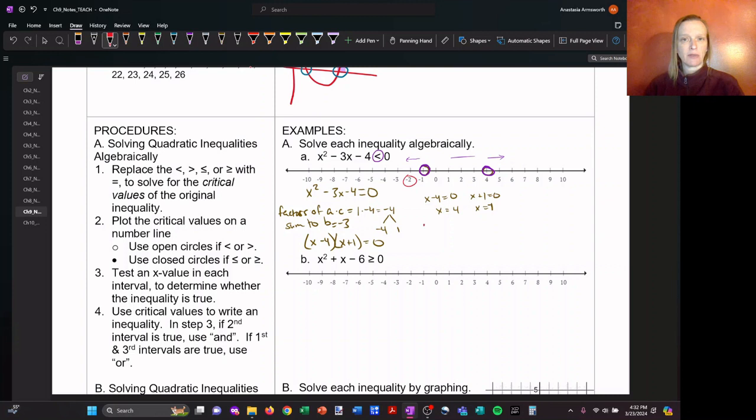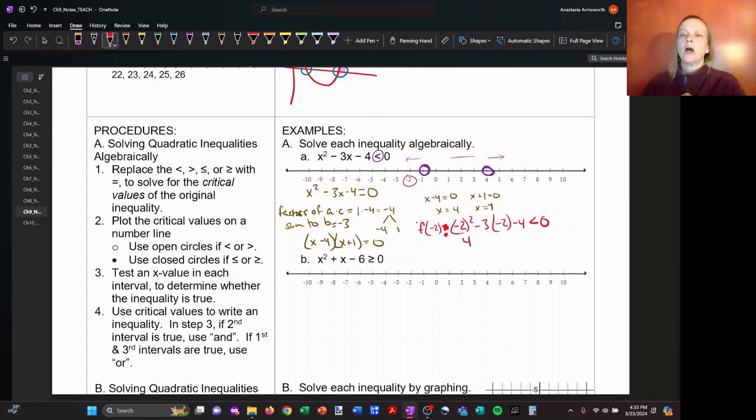So let me give you an example here. I'm saying that x is negative 2, so I'm doing f of negative 2. I'm going to do negative 2 squared minus 3 times negative 2 minus 4. And I want to know, is this answer less than 0?